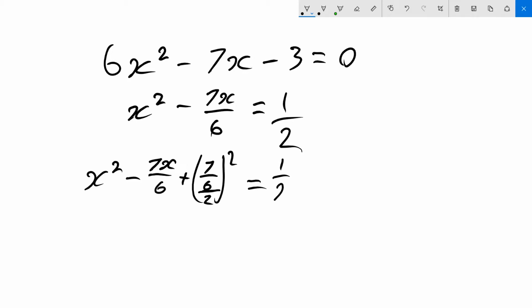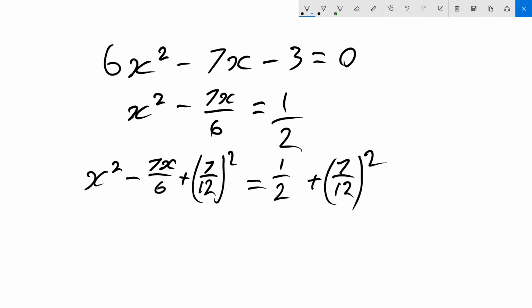That's going to equal the exact same thing, 7 over 6, and all of that over 2, and then we're going to square that. Okay, so replace that with 12, right?